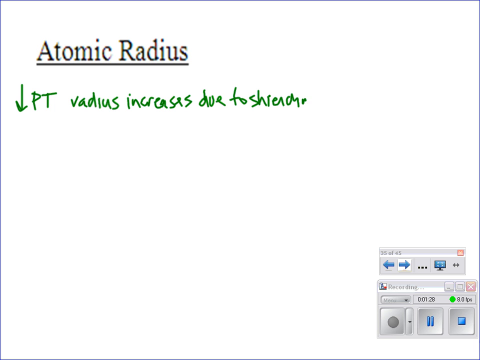Again, this is a quick synopsis. I discussed more about shielding actually in class. Please see notes for that detail. As you go down the periodic table, you're increasing your number of energy levels, so your atom is going to get bigger.